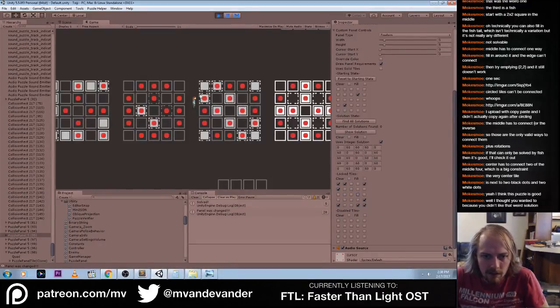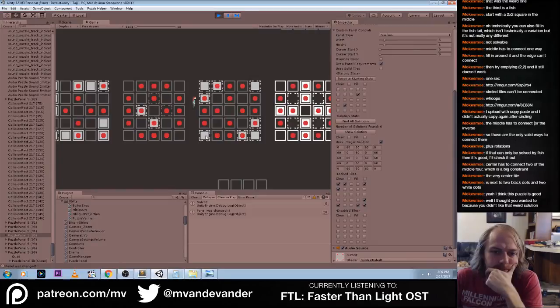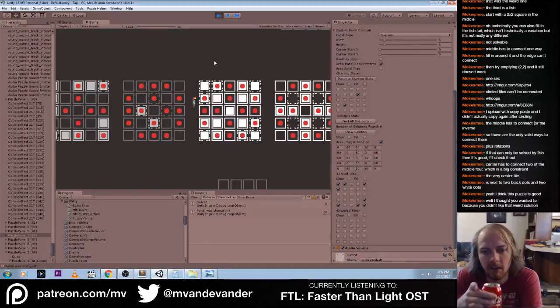Now, if I lock that, then what do I get? Solve it that way, but that's just the inverse of the one over there.